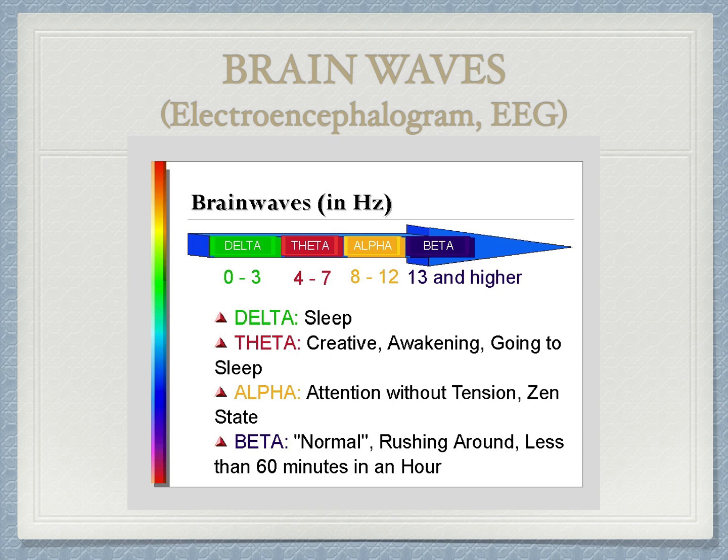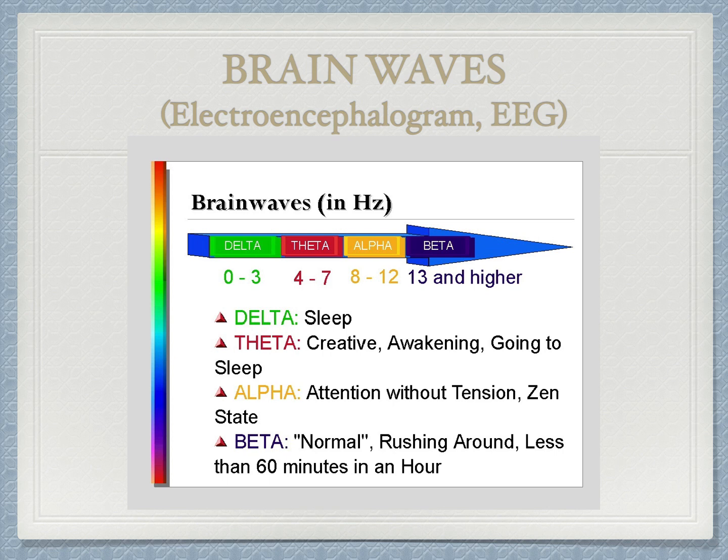Each of the waves has a Greek name. The slowest is the delta wave, which we associate with sleep. The next fastest wave is the theta wave, and these are the waves that keep us from falling asleep at night and wake us up in the morning. The next fastest waves are the alpha waves, sometimes known as being in a Zen meditative state or being in the zone.